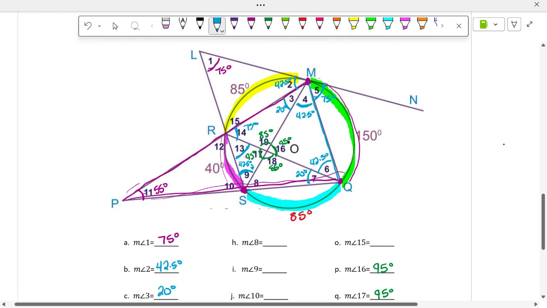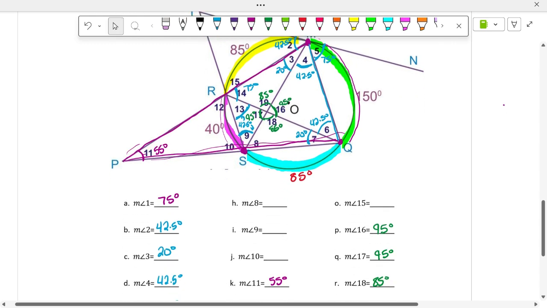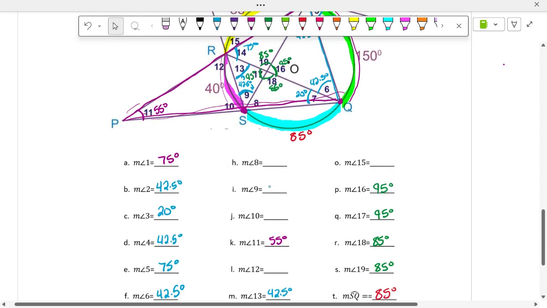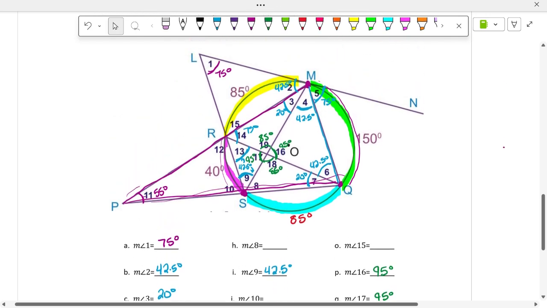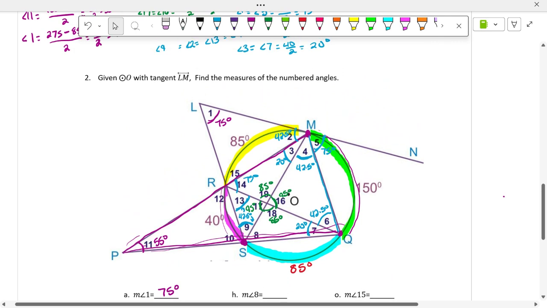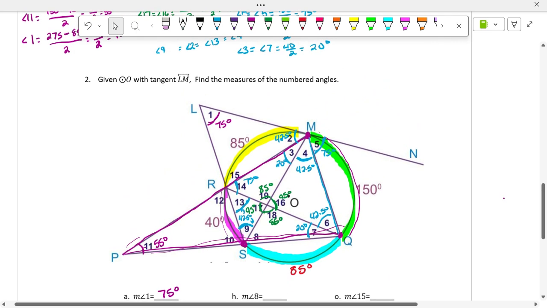So 42.5 goes to 13 and 9. All right, what's another one? Marley. 10 technically is not, but there's one close to it that is. It'd be 8.